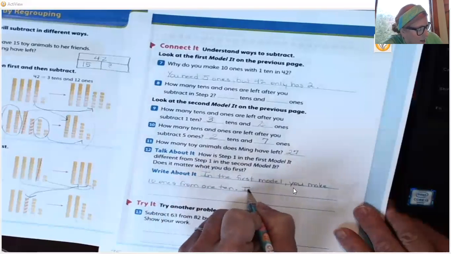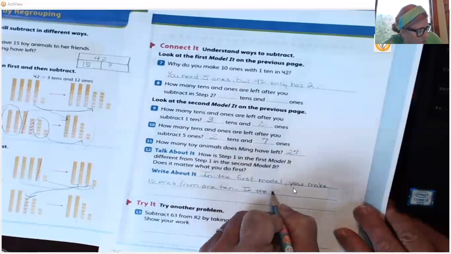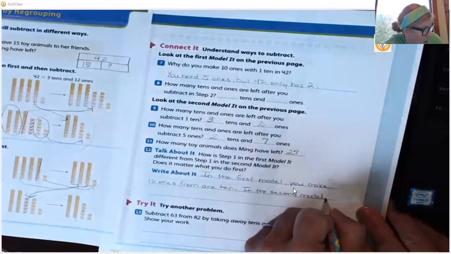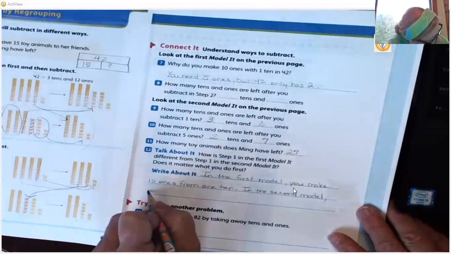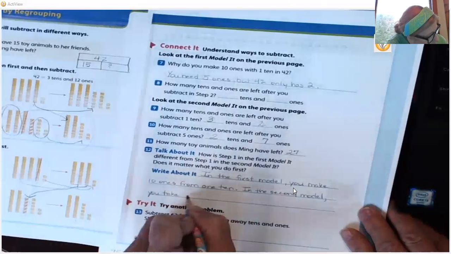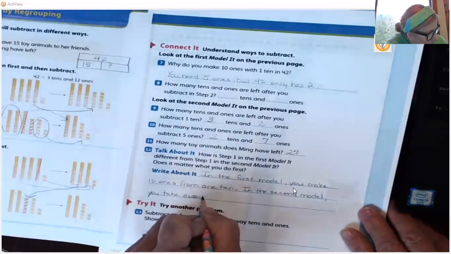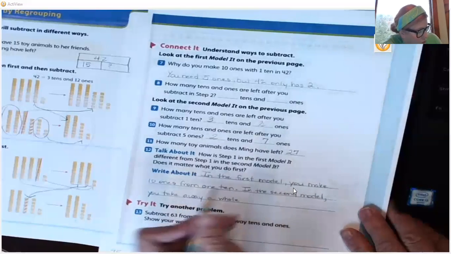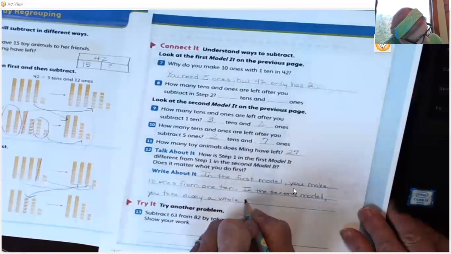In the second model, comma, you take away a whole 10. Say a whole 10 because otherwise you're breaking apart.